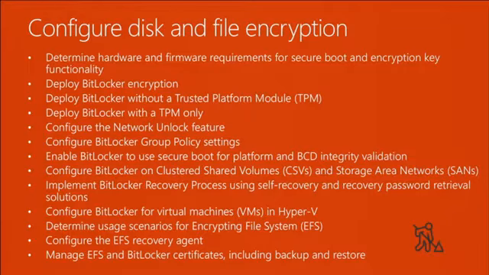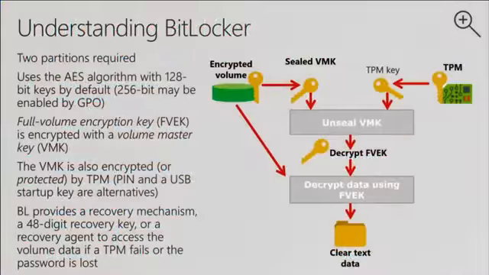Well, what else could I see? Probably some new options, including backup and restore of Encrypting File System keys and BitLocker certificates and so on. BitLocker, I guess everybody in the room is already familiar with BitLocker. That is not something new.